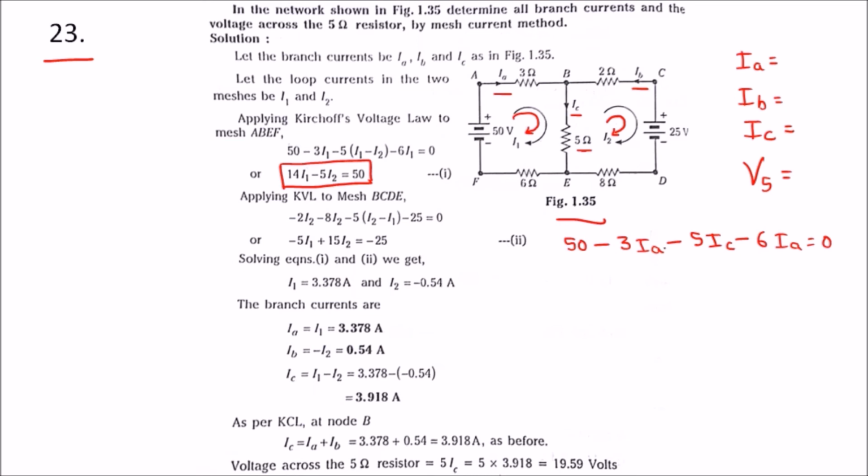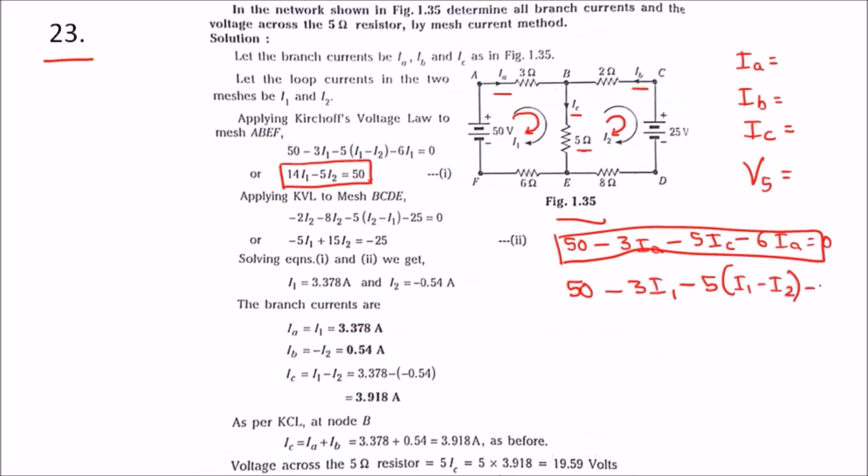So we have taken a loop current, right? When we apply loop current, 50 minus 3 I1 minus 5 (I1 minus I2) minus 6 I1 is equal to 0. Once we simplify this, we will get equation 1.